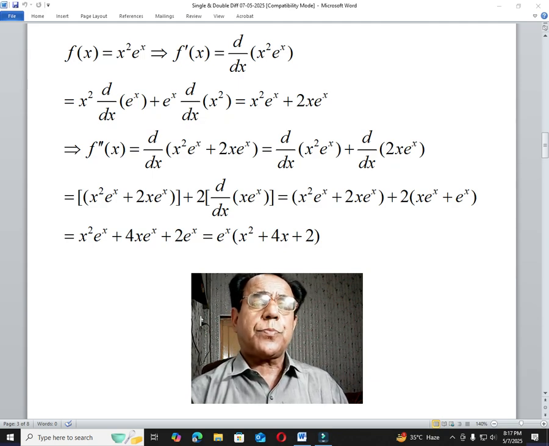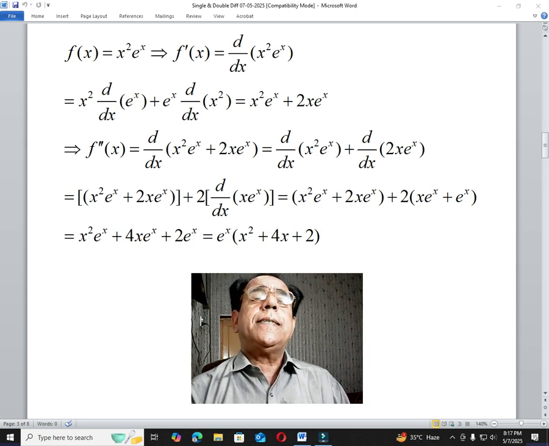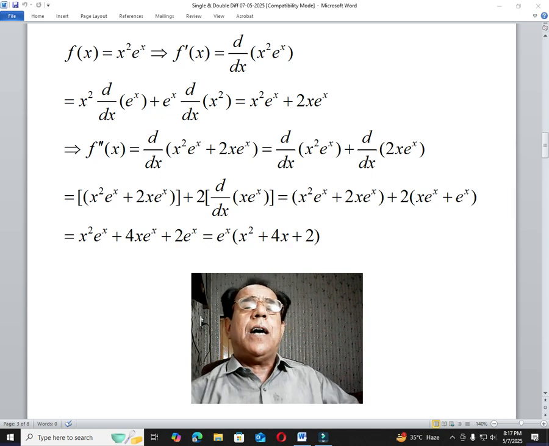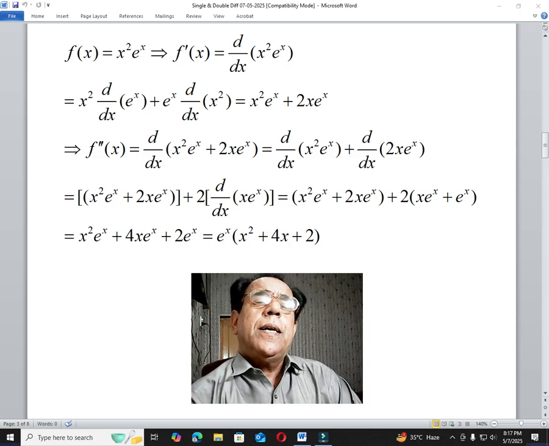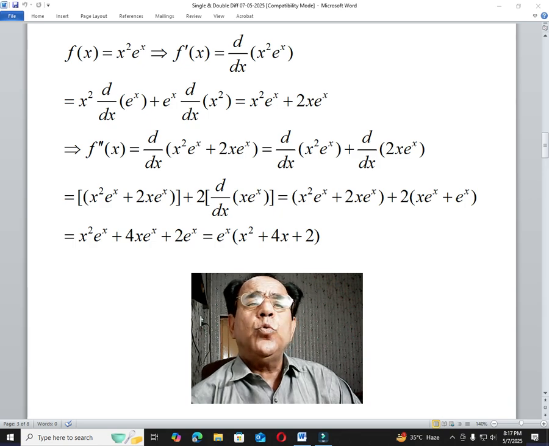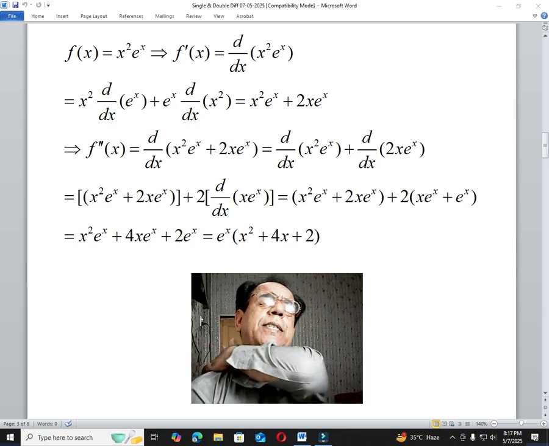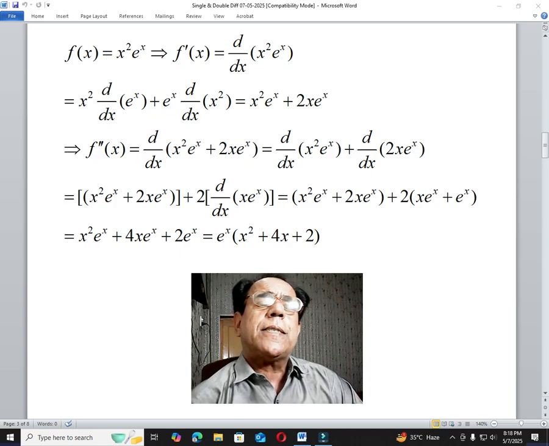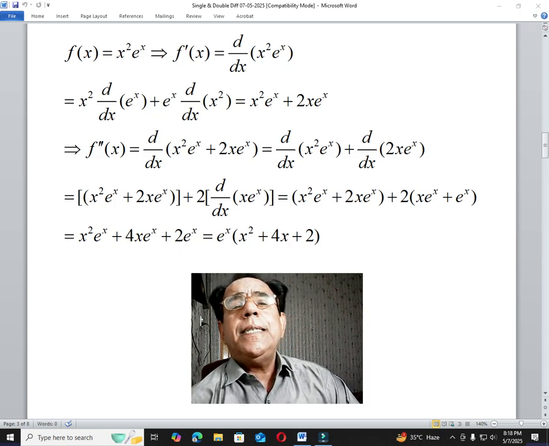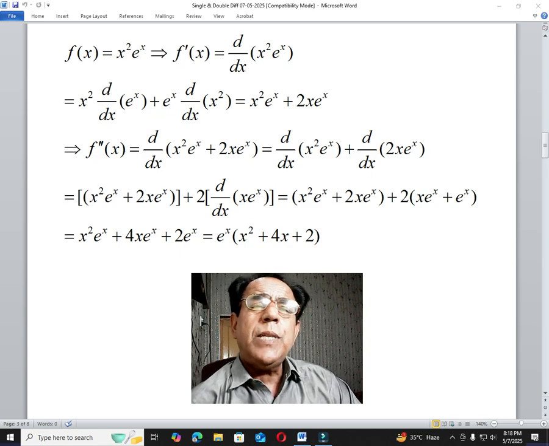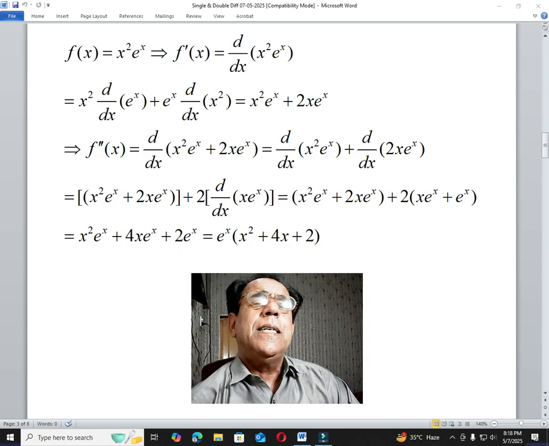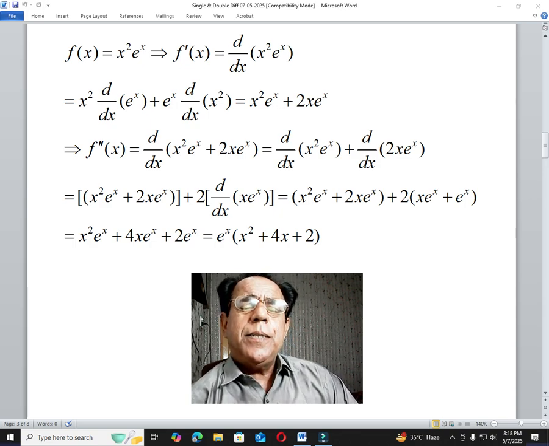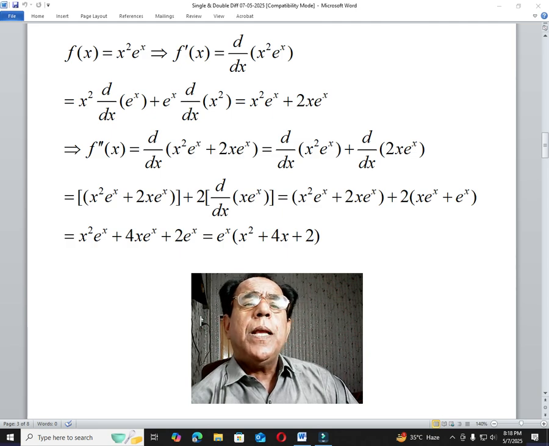So in place of d over dx x square e raised to power x, we have used its answer, which we have already calculated in our earlier part of this problem, okay, plus 2, because in d over dx 2x e raised to power x, 2 is constant which can be written prior to d over dx, okay. Now in the next step, first half will remain exactly as it is because it has been found by previous working. Okay, plus 2.